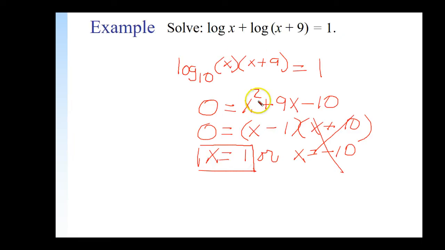Again, on your exit exam in the Chapter 6 test, this is the only answer. Now, they may give you this. If you put both of these in there, they're going to count it wrong. Why? Because you can't have a log that is a negative. So this would be negative 10 plus 9. This would end up being a negative 1. And this one would be a negative 10.